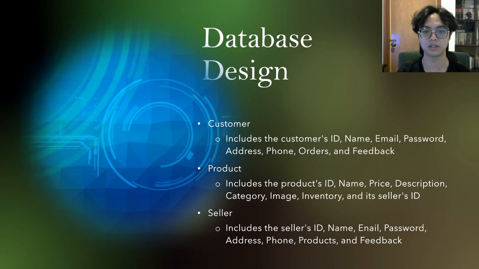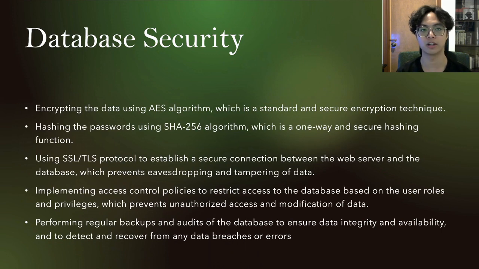The seller table is more or less the same as the customer's table, including the seller's ID, name, email, password, address, phone, but instead of tracking orders, we have the seller's products here and the feedbacks that they have gotten from the customers.